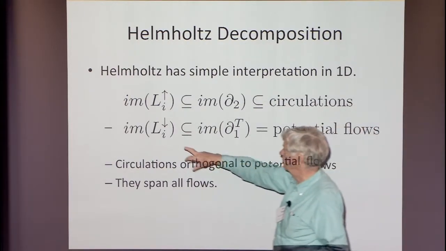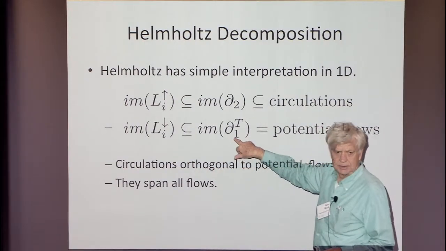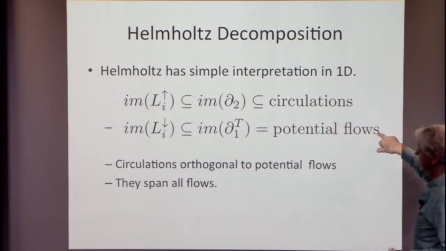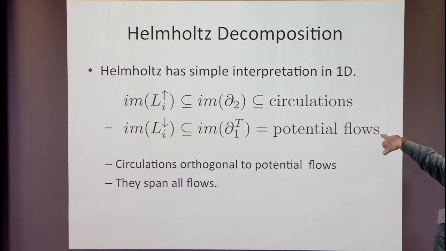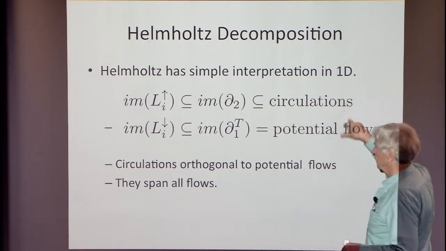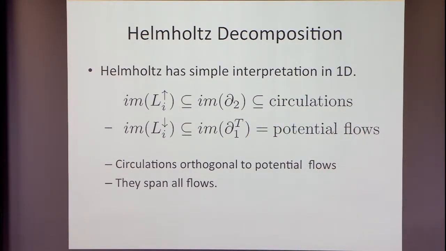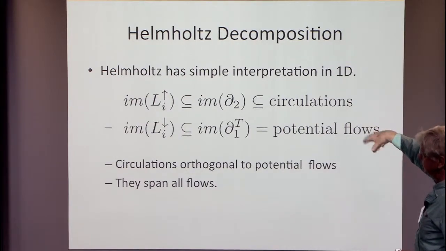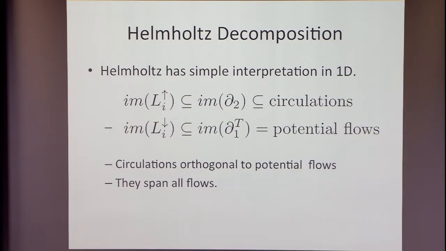On the other hand, this operator returns something that's a potential, and in this case we get all potential flows. So it's decomposed: these operators return two different types. What's crucial is that we can break the solution up into solving two separate problems, the up and the down separately, similarly to what we did in the zero Laplacian case.